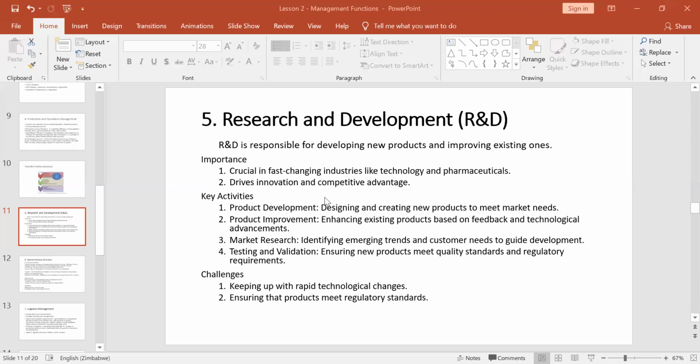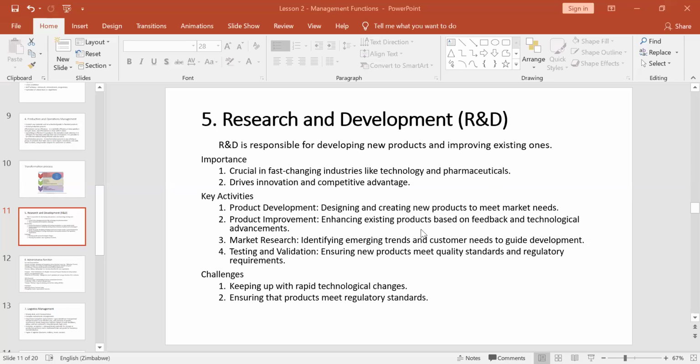Otherwise, if you don't have research and development, you get left behind. And I think for pharmaceuticals, it's actually dangerous not to have research and development, because those are the people who are going to tell you that this drug eventually causes cancer. We should remove this component from the drug.